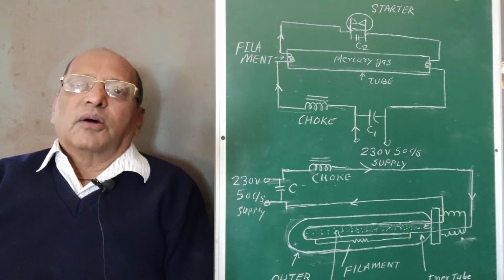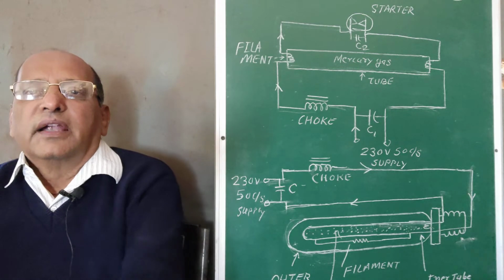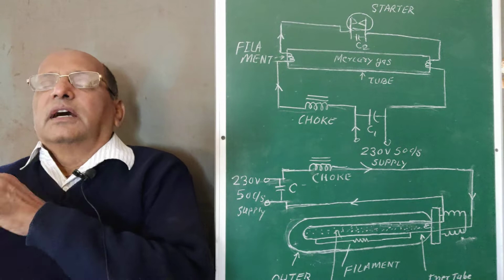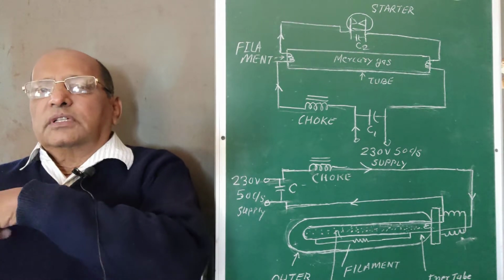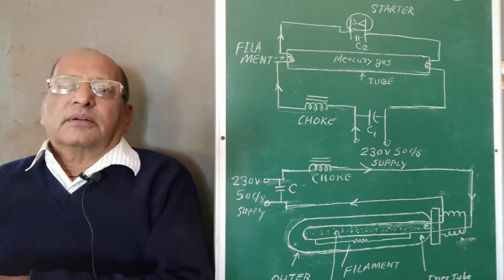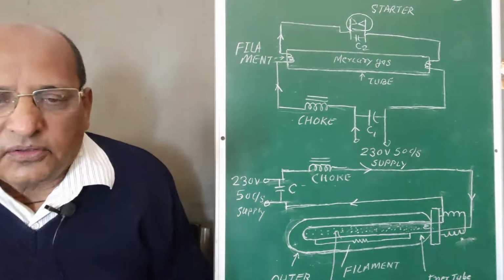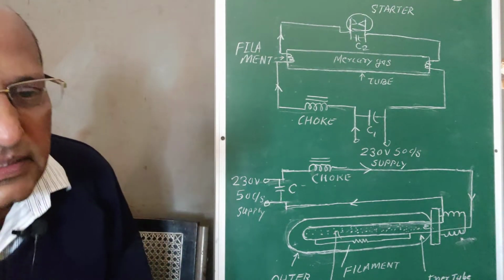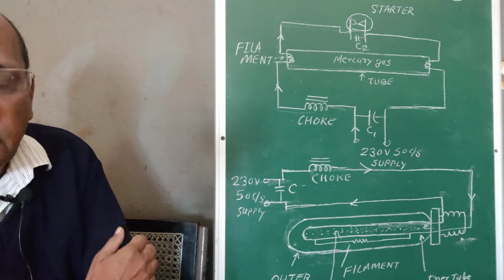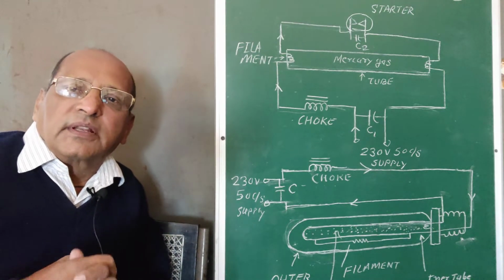The components are very simple: one choke, one starter, and there are two capacitors attached to this. One is across the supply voltage, for improving the power factor of the circuit, and the second capacitor is across the starter, for the purpose of suppressing radio interference.